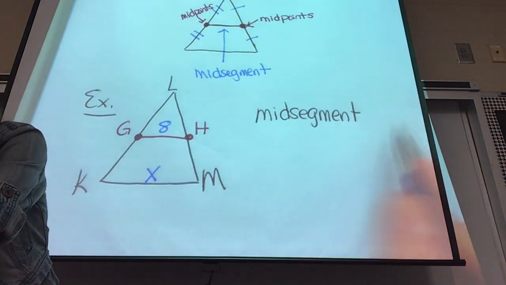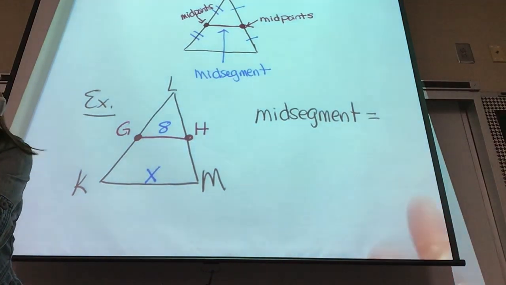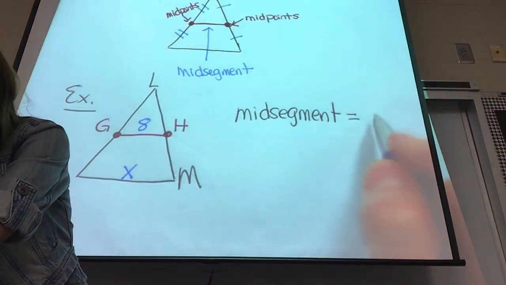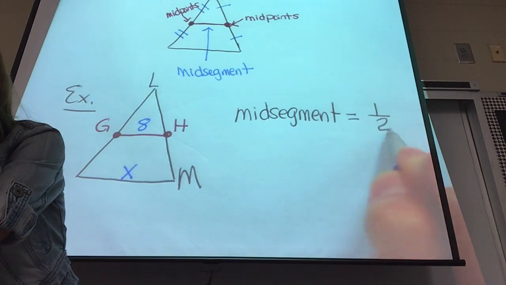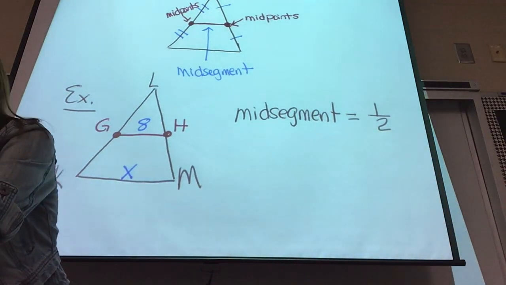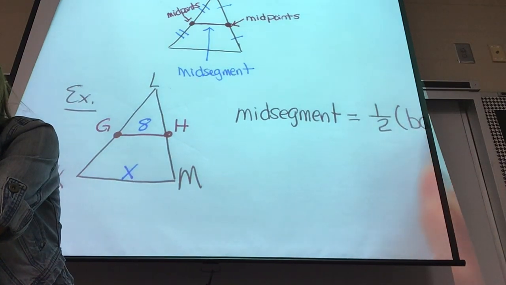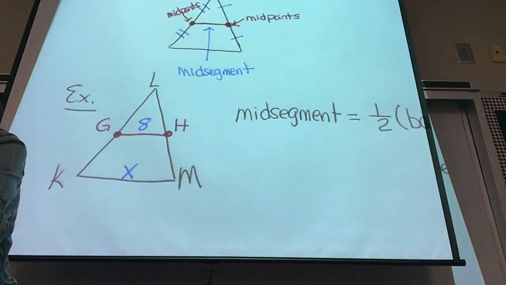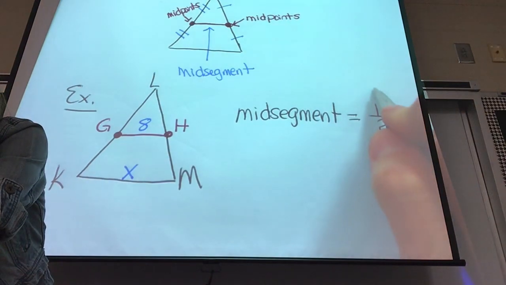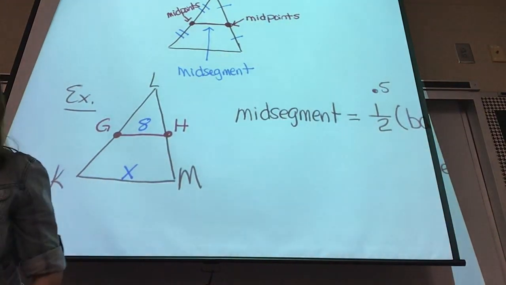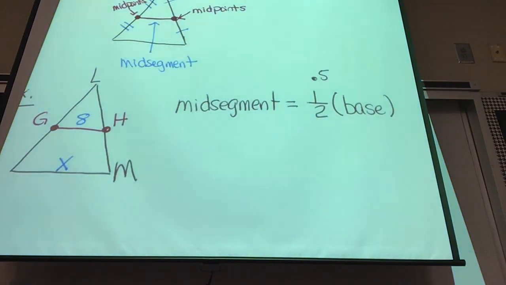If you're looking to find the mid-segment, you've got to take half of whatever the base is. Okay, that's that 0.5, or put the fraction 1/2 into your calculator.